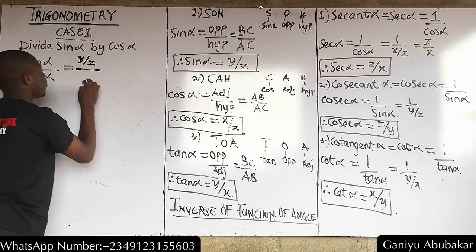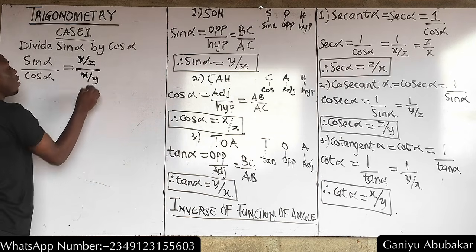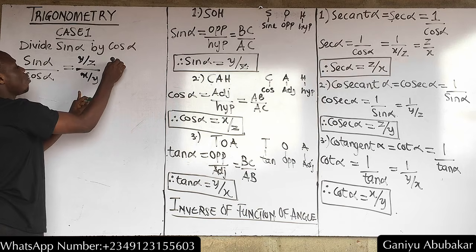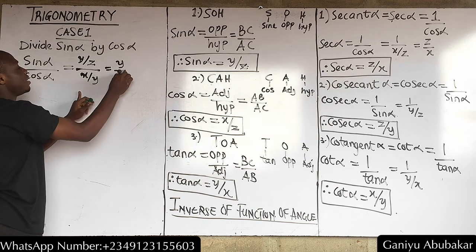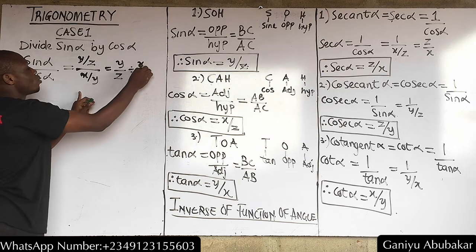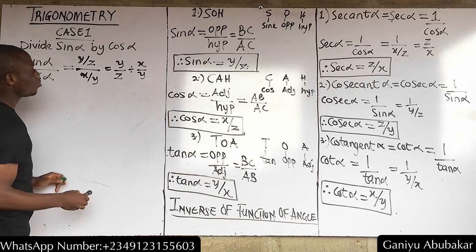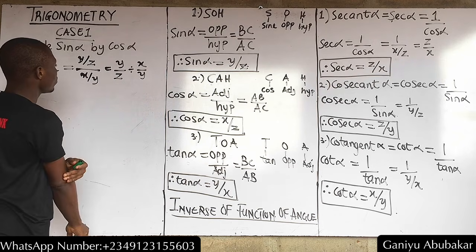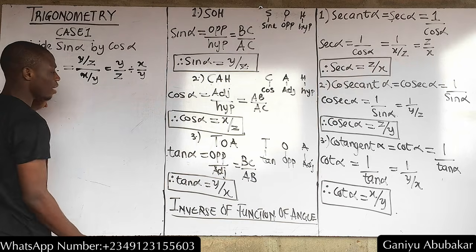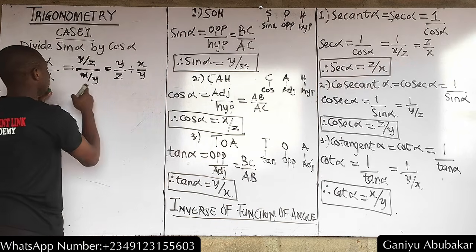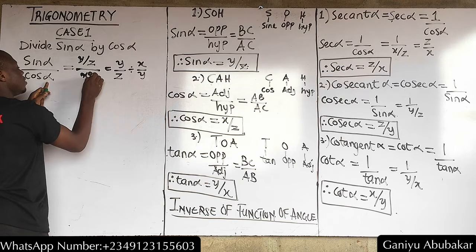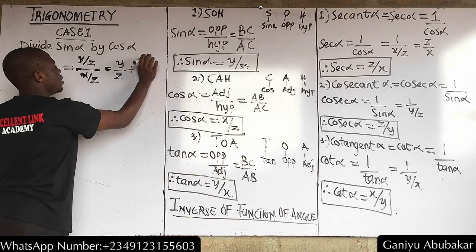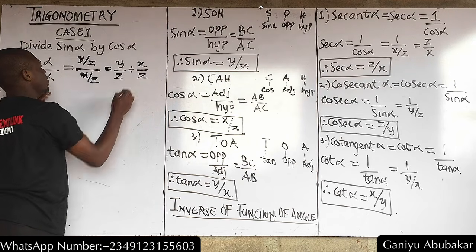Cos alpha is x over z. Let's break this down. This becomes y over z divided by what? X over z. True or false? Sorry, cos alpha is x over z, x over z.